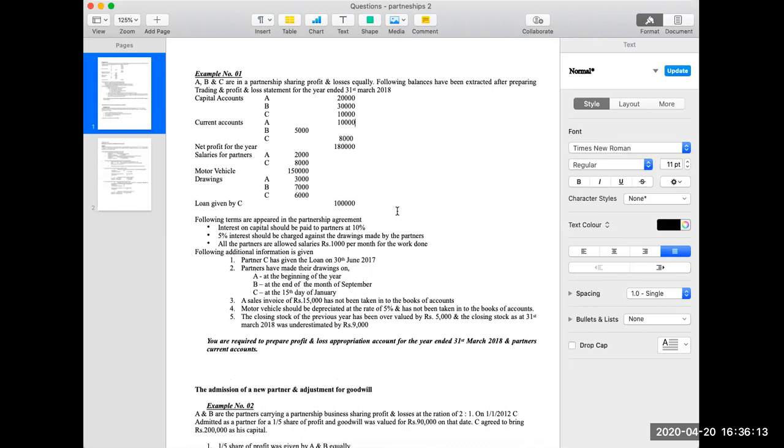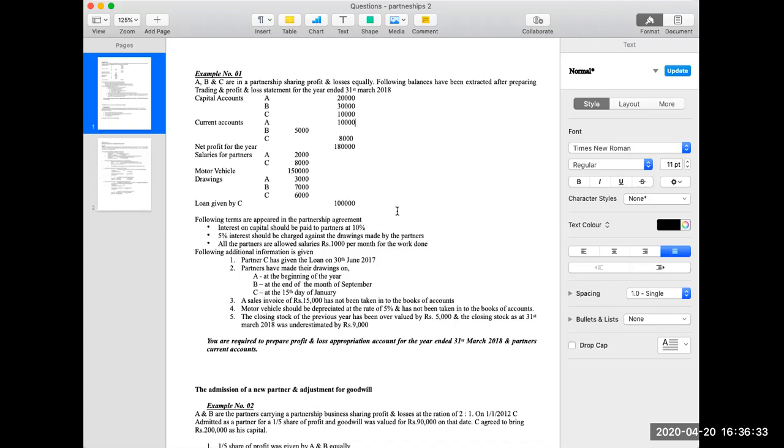Right. A loan is given by C, 100,000. If a loan is given, what happens? Then interest has to be paid. Interest is 5%.